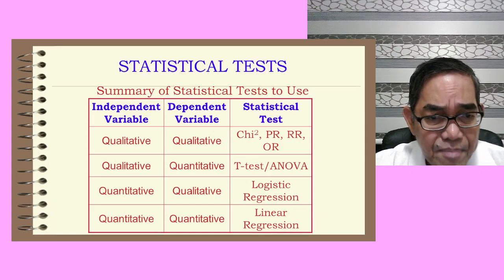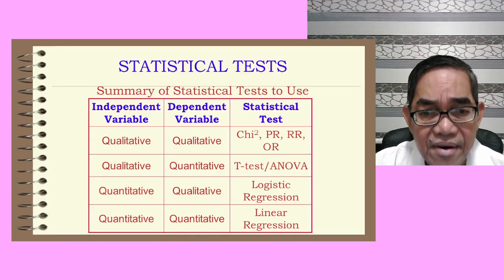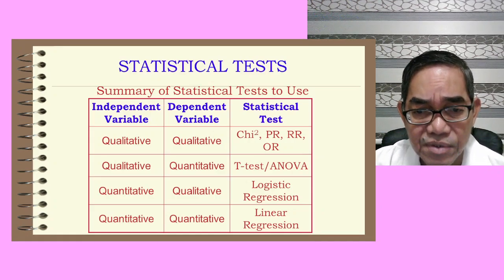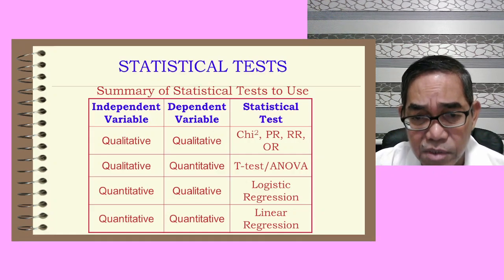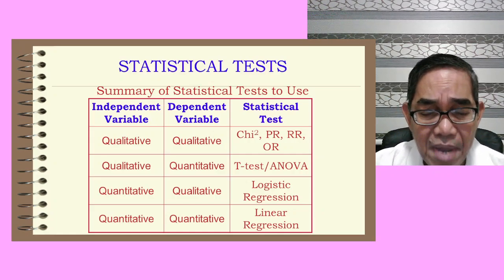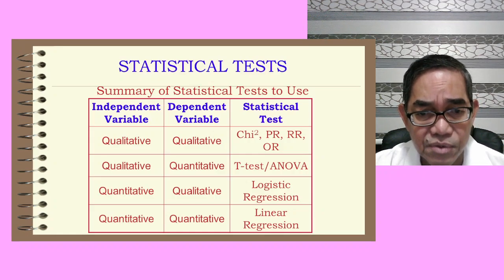If the independent variable and the dependent variable are both qualitative, chi-square test will be used. And then the prevalence ratio, the risk ratio, or the odds ratio can also be used, again, as I said, depending on the statistical test that we will use.